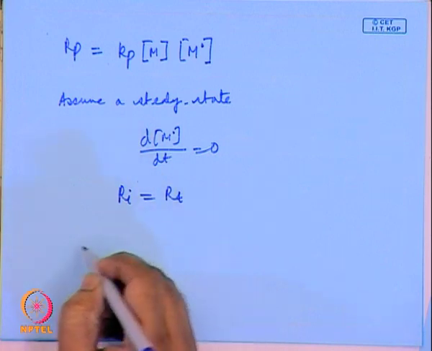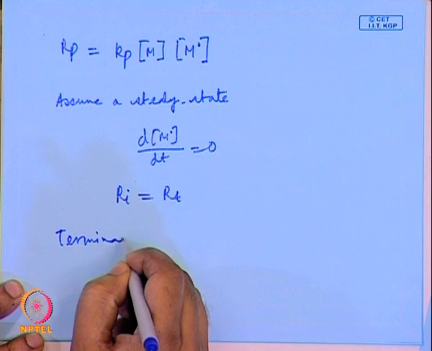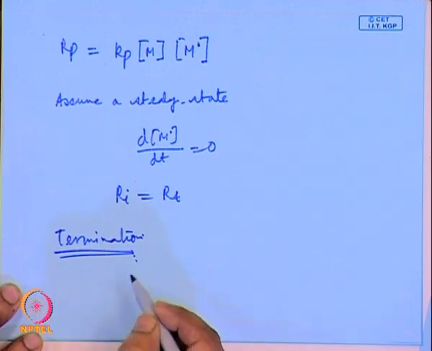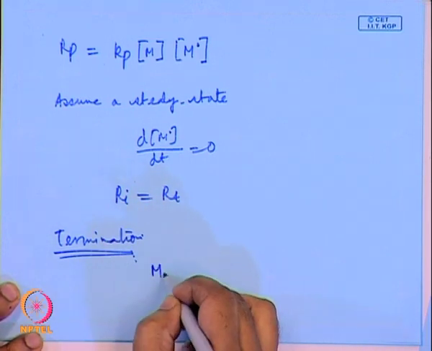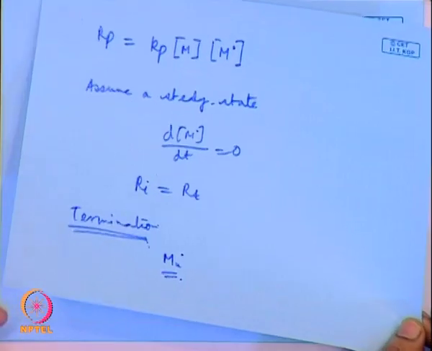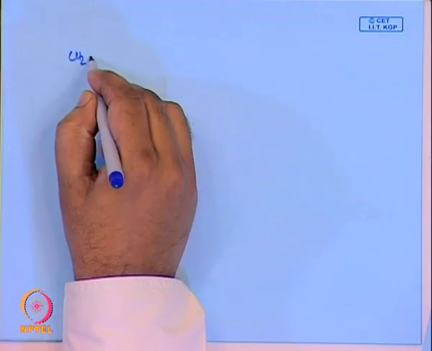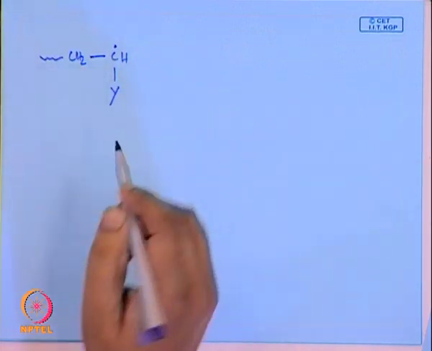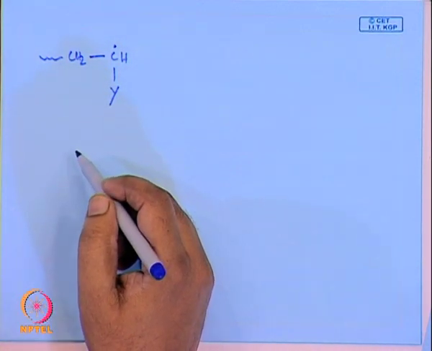Now, what is the rate of termination? We talk about the termination step now. How can a radical Mn dot get terminated? If I take that same simple monomer structure, how can this get terminated?